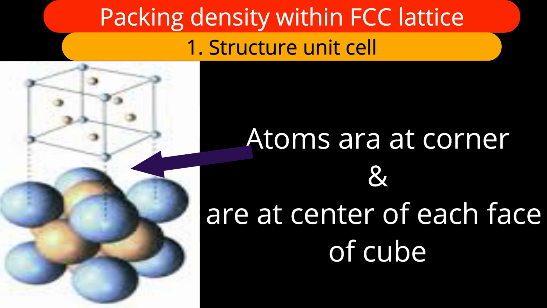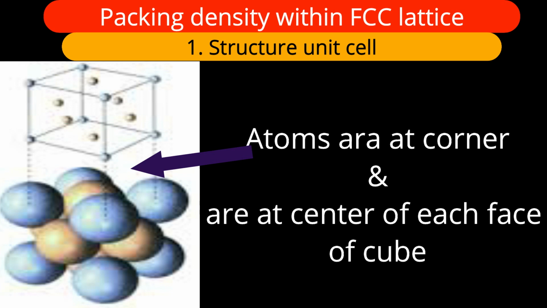If the structure of FCC is to be described, then you will find at the corner of a cube atoms are there. In addition to them, at the center of each face atoms are there. In this diagram, by blue color, corner atoms are represented, and by yellowish color, atoms at the center of face are represented.